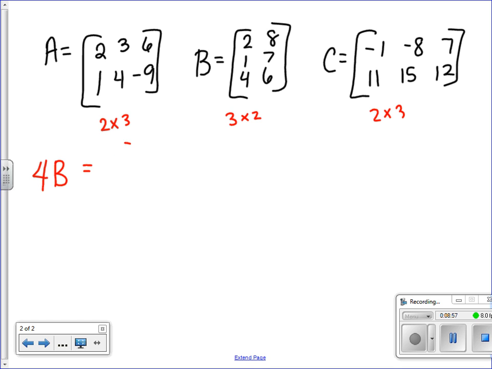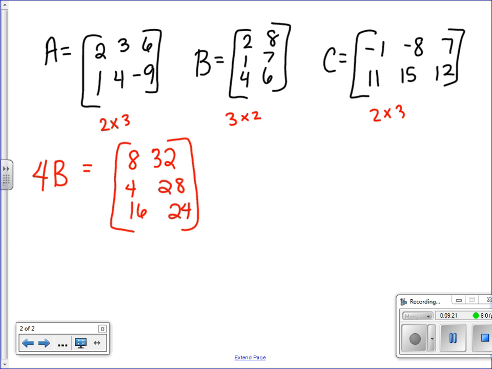4B would equal 8, 32, 4, 28, 16, 24. That's scalar multiplication. Just whatever that number is times everything inside that matrix.